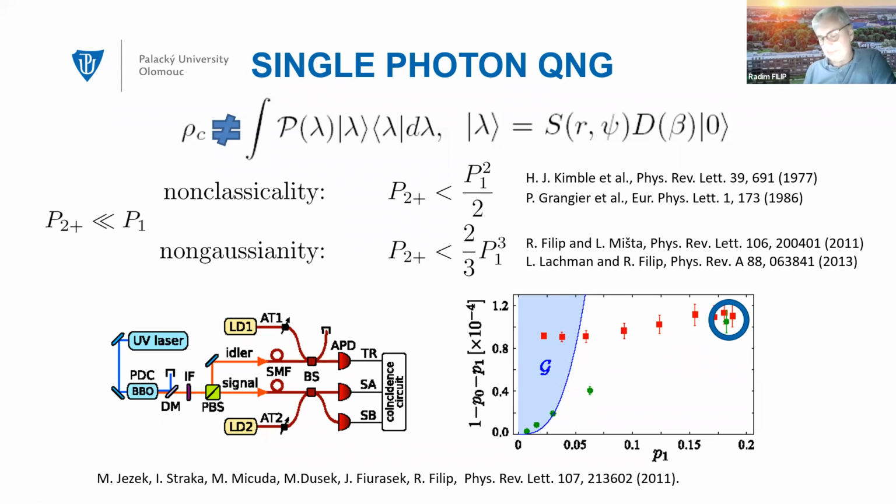Since then, there were many, many experimental tests with solid state systems, with individual atoms, with atomic ensembles. It means that the criteria were applied to many different experimental platforms.